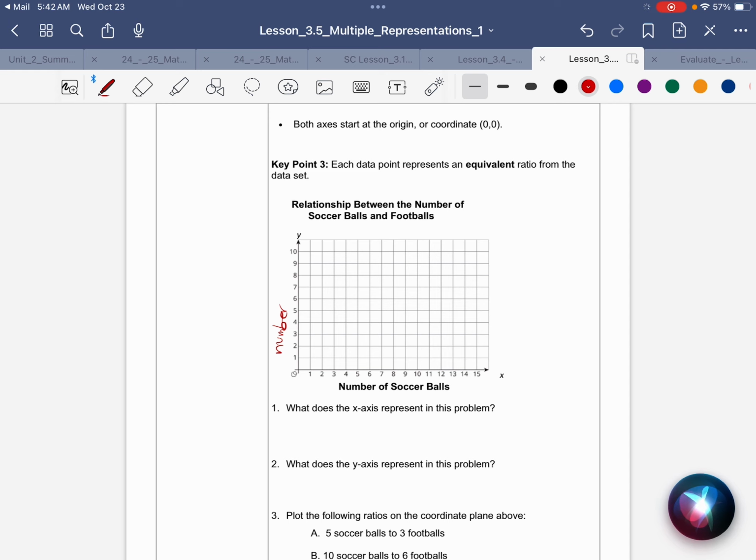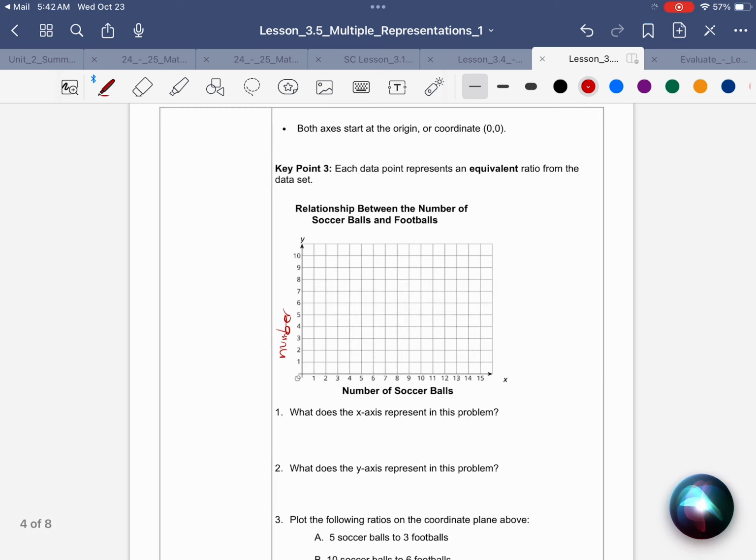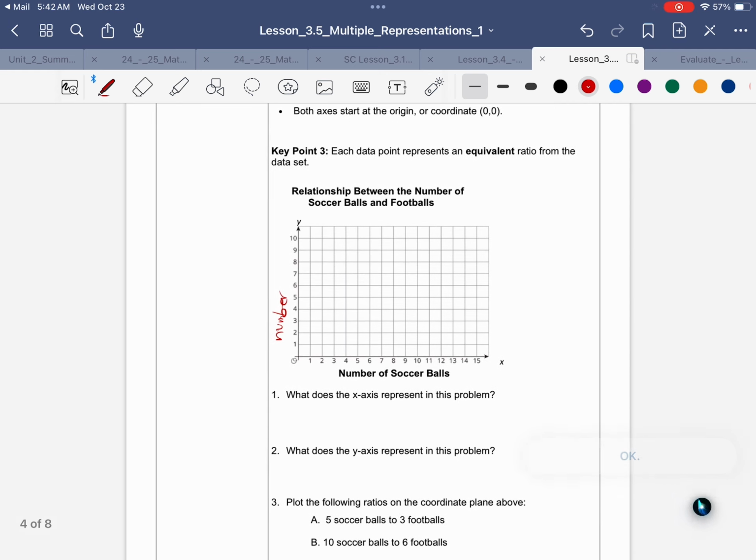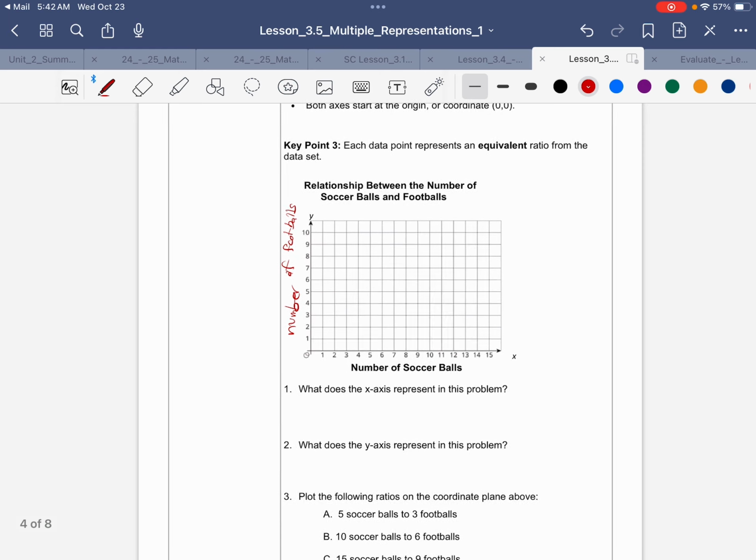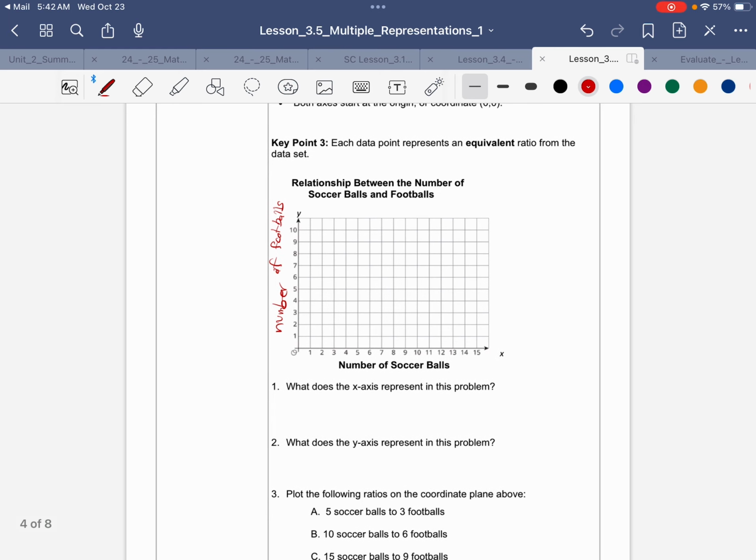Number of footballs. Okay, and that's going to be on the y-axis. Sometimes they would give you both, but in this case, they gave us number of soccer balls, so we know. So number 1 says, what does the x-axis represent in this problem? That is soccer balls. And the y-axis, we're talking here, this is footballs.